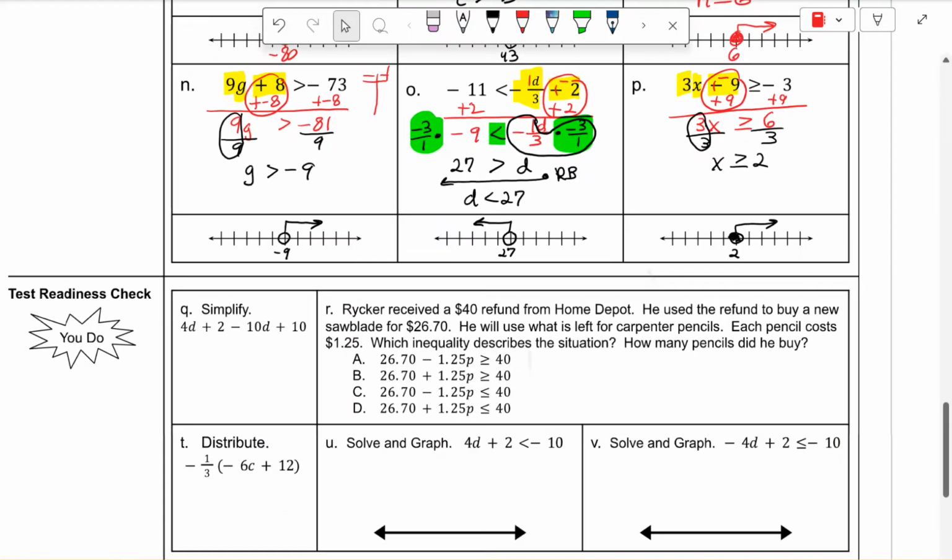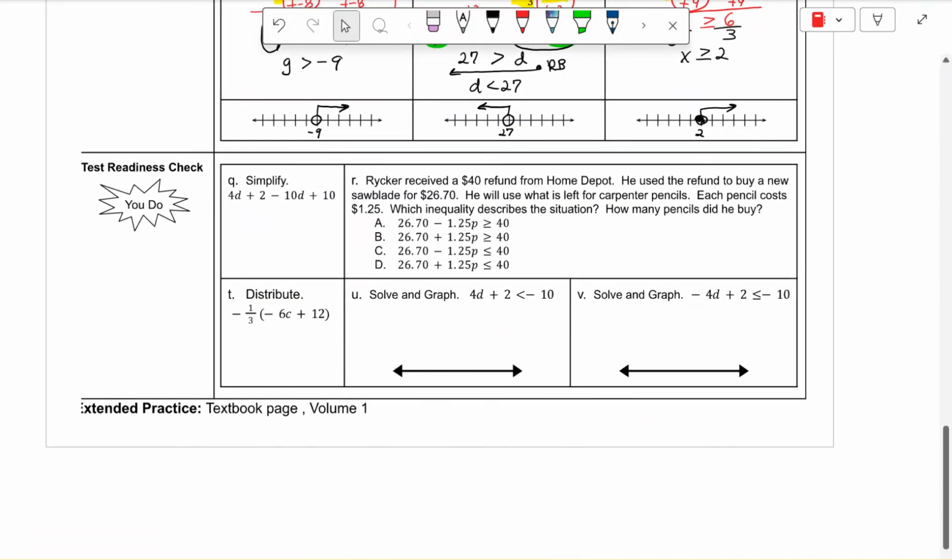Now we're going to move into the test readiness check. Remember, these types of problems come up on your tests in different fashions, like quizzes, unit tests, state practice tests, and finals.